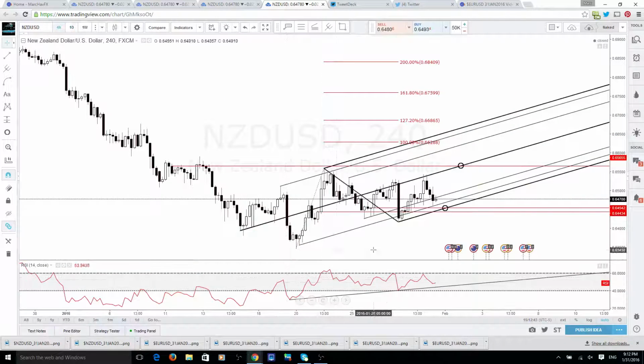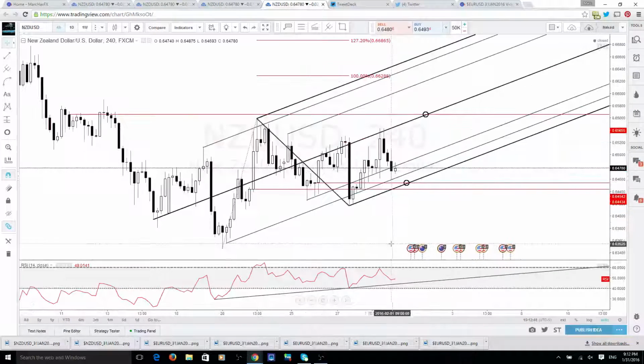4-hour chart, same principle, sliding parallels, same here. I mean, the sliding parallel from here would coincide with the fork, of course. This sliding parallel was support here, almost support here, and definitely support here.